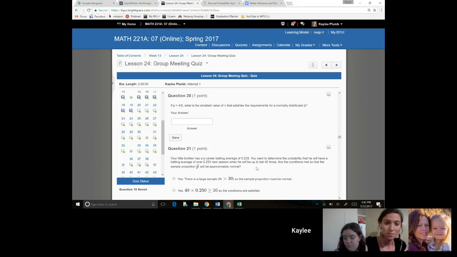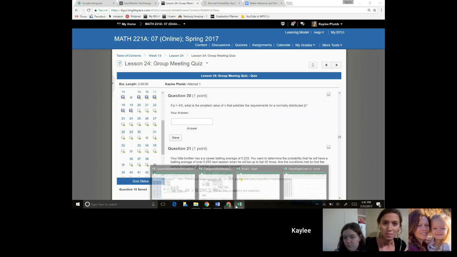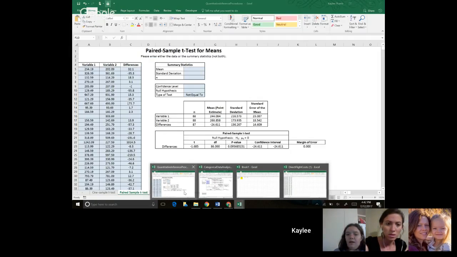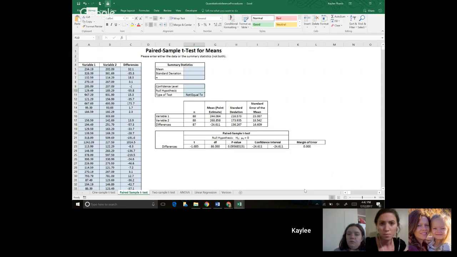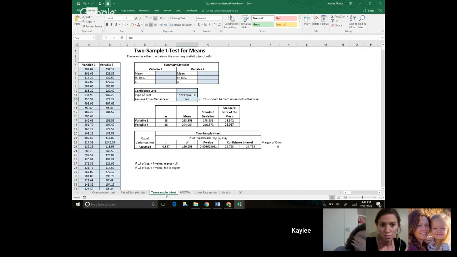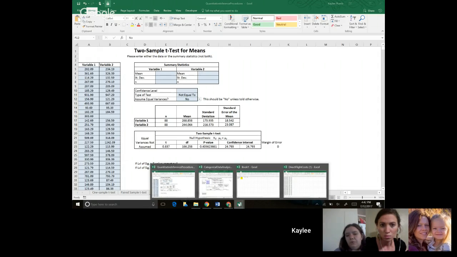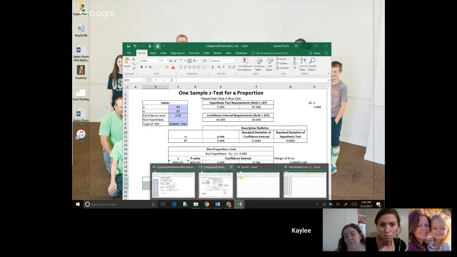I have no idea how to solve this. Is there an equation? The first equation is p times n, and the second one is p times n minus 1. They both have to be equal to or greater than 10.